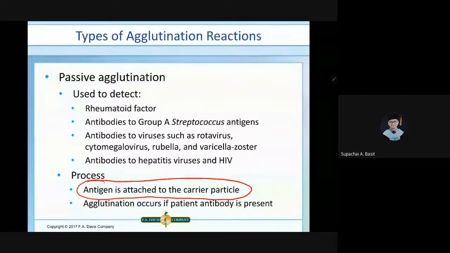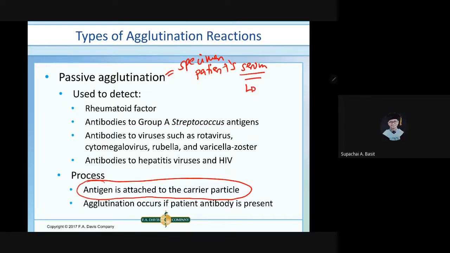Okay, so again, in passive agglutination, the most common specimen is patient serum, because patient serum is the source of antibodies.